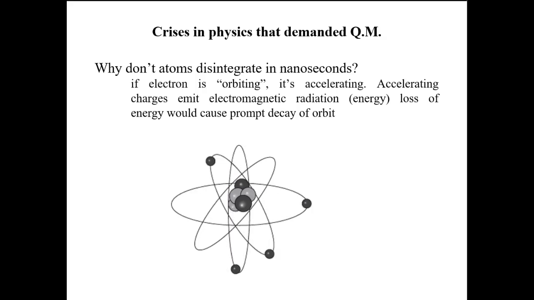It is because if the electron is orbiting around the nucleus, then it is in acceleration, because the velocity of the electron in motion in a circular or elliptical path is changing at every point of the path, and an accelerating charge radiates its energy. As the energy of the electron decreases, it will come closer to the nucleus and finally fall into the nucleus. And classical mechanics is answerless.